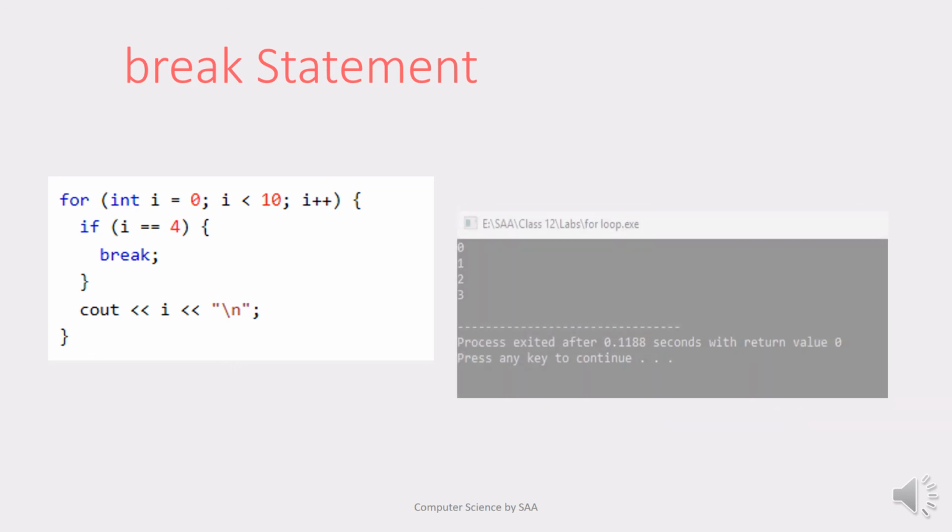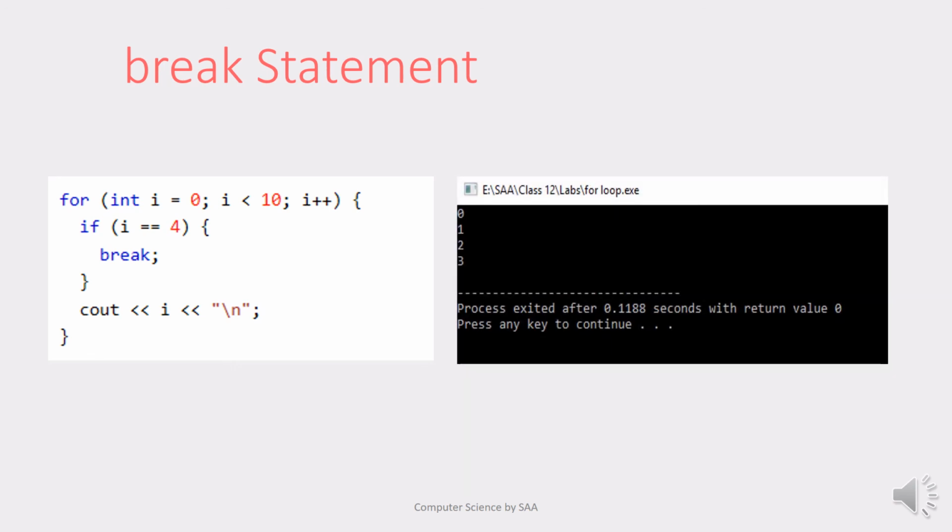When this code is executed, this will be the output. It will be executed from 0 to 3. When i becomes 4, it will terminate the execution and come out of the body, and simply the first 4 numbers will be printed on the screen, that is from 0 to 3.